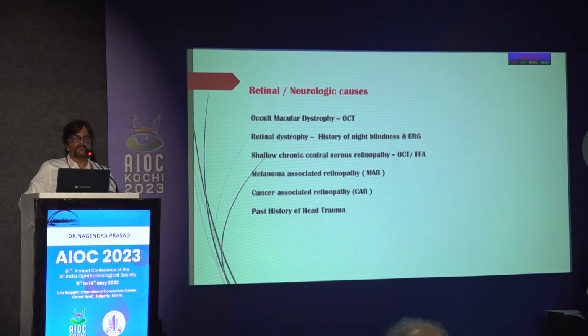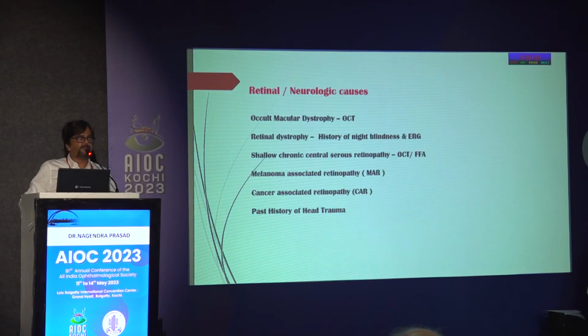In retinal dystrophy, take the history of night blindness, and ERG can reveal, in a normal-looking fundus, some kind of CSNV. Shallow central serous chorioretinopathy can be seen on OCT and FA. An important thing is to take the history of any melanoma-associated retinopathy, and whether the patient is suffering from cancer or not. These two findings lead to unexplained visual loss.